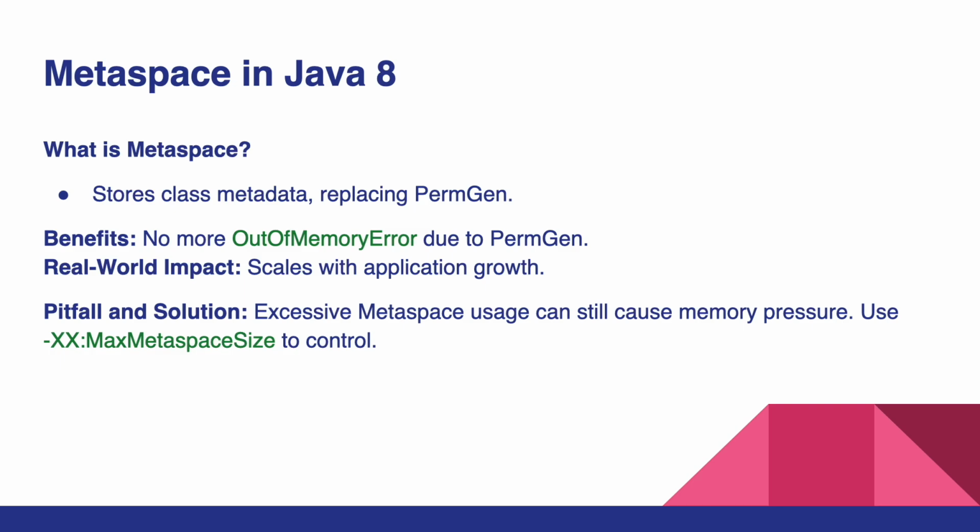To prevent overuse, we can set an upper limit, shown in the slide. By keeping the metaspace controlled, we avoid memory bloat, especially in applications that load many classes at runtime, such as plugin heavy systems or enterprise applications.